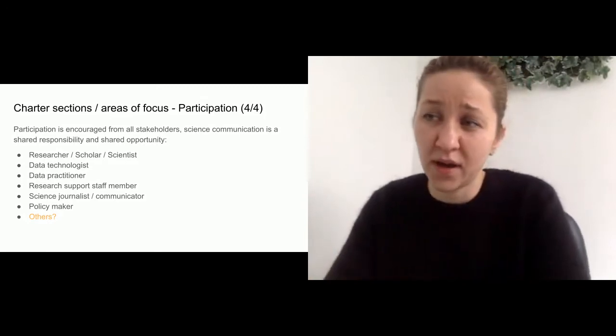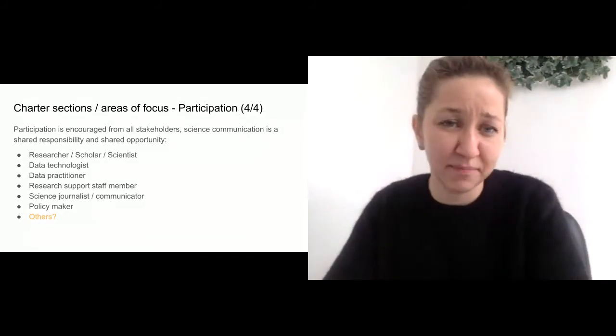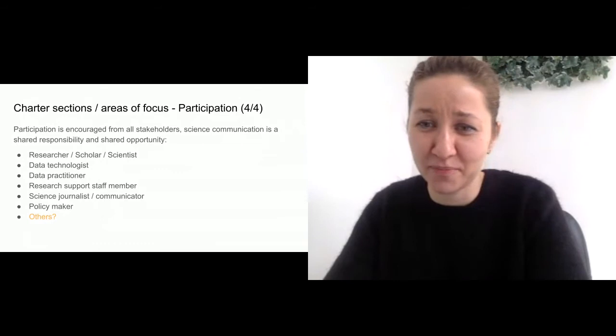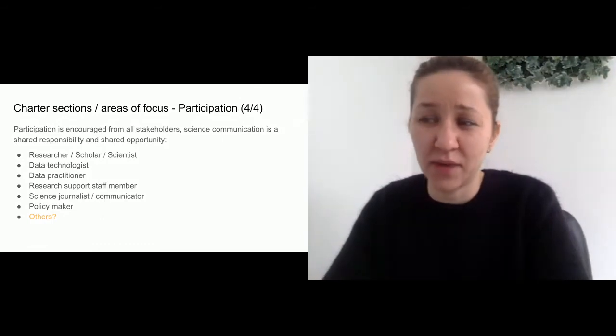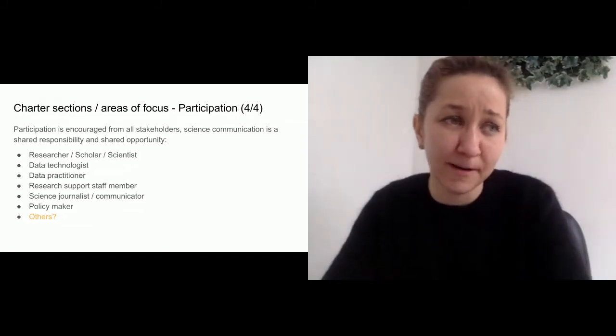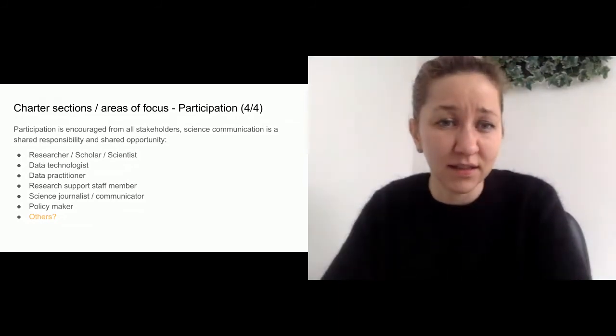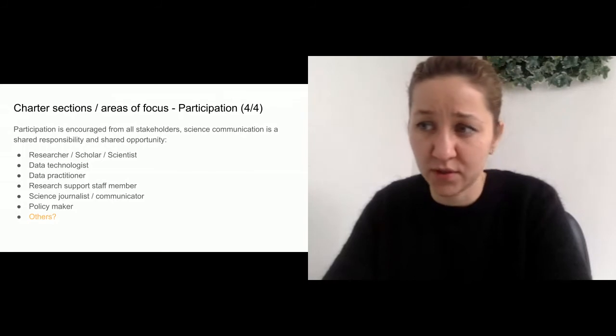So we are looking at researchers, scholars, scientists, data technologists, and data practitioners. These are common membership of the RDA. Then we have research support staff members who are quite often sort of delegated the task of supporting dissemination, and they do support the work of the researchers on that.